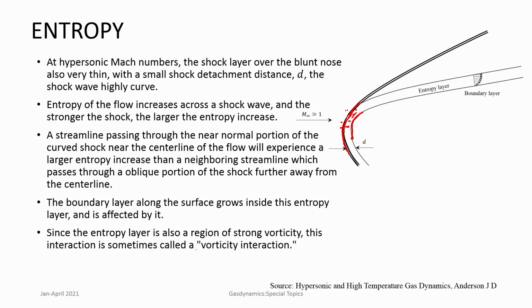This is because you have a curved shock, and as the shock curvature is different at different points, it has different strengths at those points, therefore different entropies for streamlines that pass through the shock, therefore an entropy gradient develops.